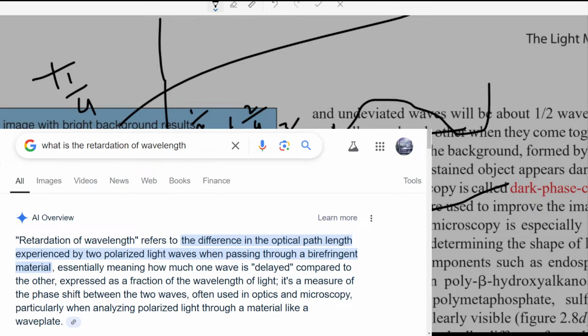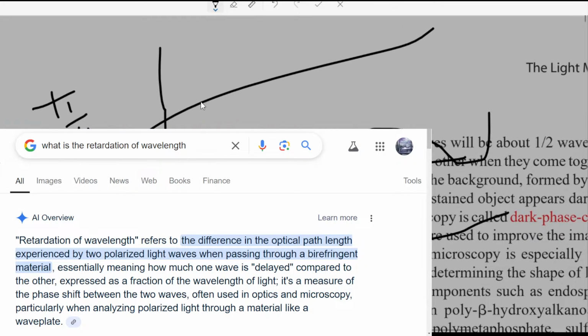Now they are saying that the plus 1 by 4 wave will move a little bit faster, or you can say it will be a little bit more in the future than this wave, and this one will be a little bit delayed than this one, like in the past. For example, if this is advanced, that means this point should already be here.